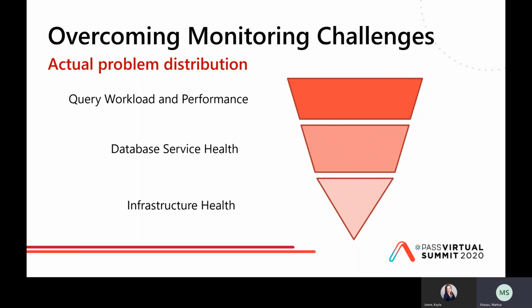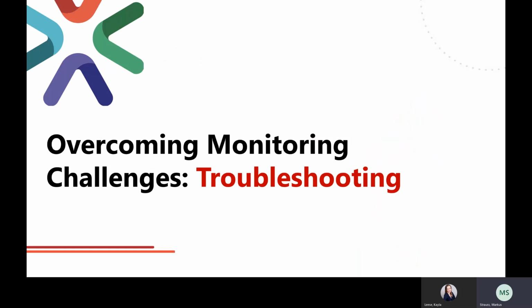So let's start diving into some more individual aspects of how we can overcome the monitoring challenges. And I'm going to start off with the one item that I think every one of us is most familiar with, albeit not necessarily with good thoughts, but troubleshooting.